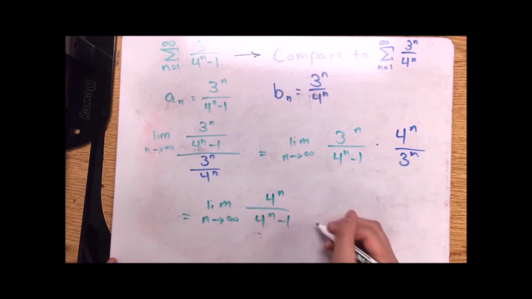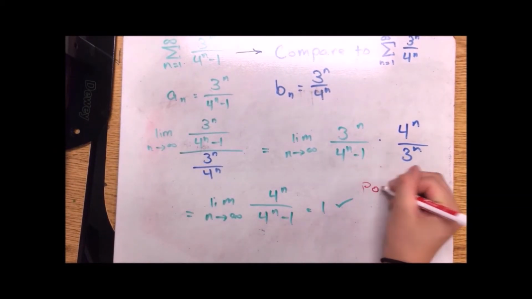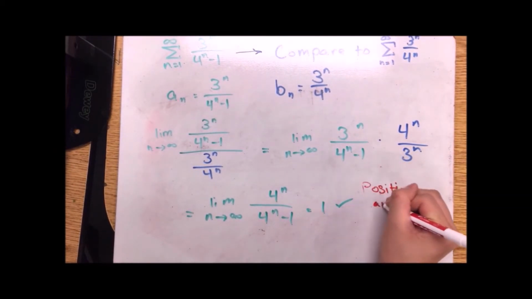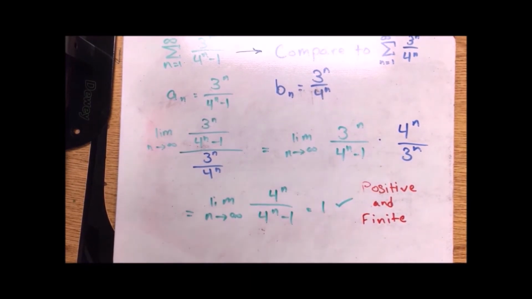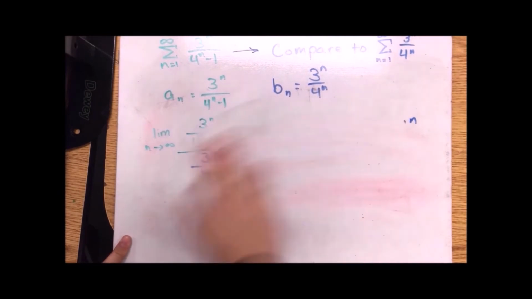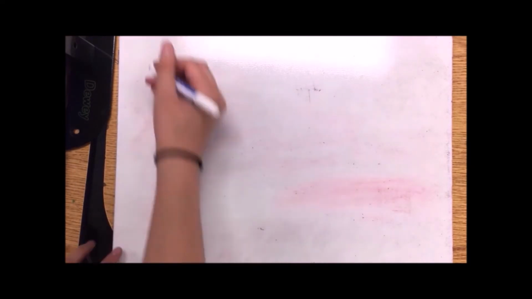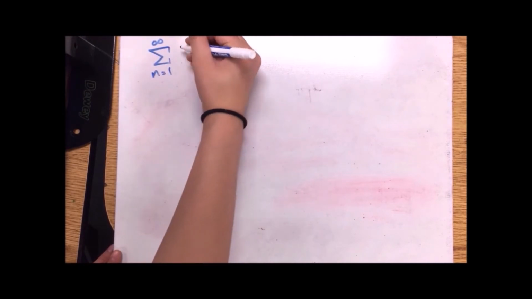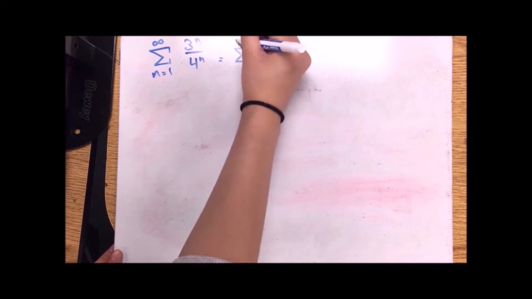One is positive and finite, so the series could either converge or diverge. The series of 3 to the n all over 4 to the n converges by the geometric series test.